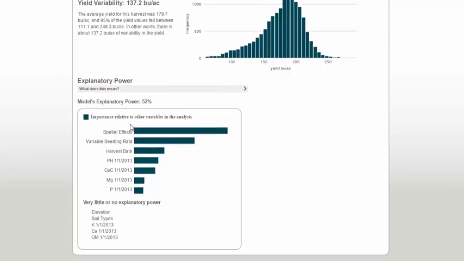So the next portion of the summary page is the explanatory power chart. And this chart shows you the factors that were included in your analysis, and the bar to the right of them shows the relative explanatory power of each one, or how much yield variability is explained by each factor relative to each other. So you can see that the spatial effect areas we identified, as well as the variable rate seeding application, are explaining a large portion of the explanatory power of this analysis.